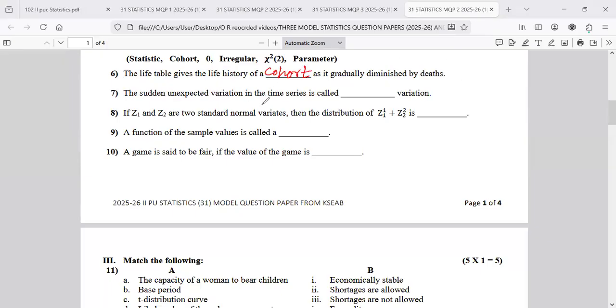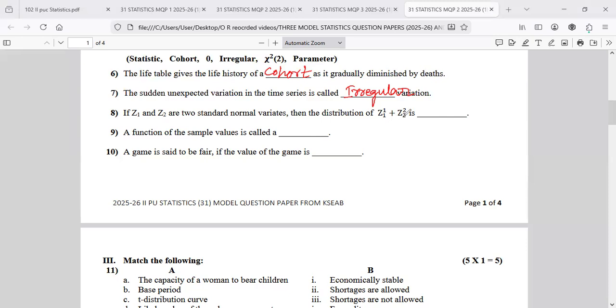Correct? Seventh one, the sudden unexpected variation of time series. The sudden unexpected variation of time series, so that is called irregular variation. If Z1 and Z2 are two standard normal variates, what is the distribution of Z1 square plus Z2 square?